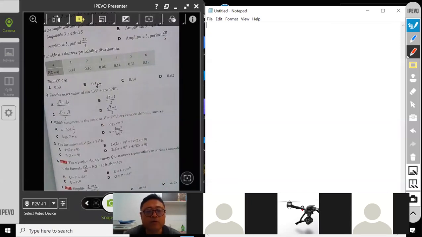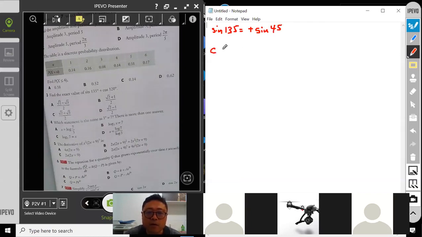Which quadrant is this in currently? The second. Is sine positive or negative in the second quadrant? Positive. So sine 135 is the same as positive sine 45, because sine's positive in the second quadrant. Got it? Yep, that makes sense.